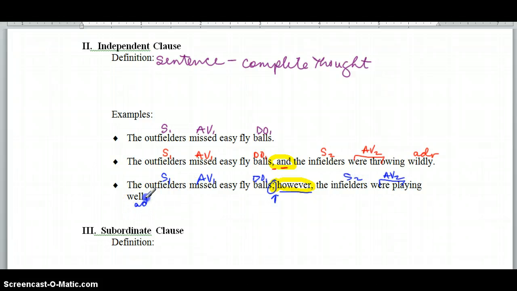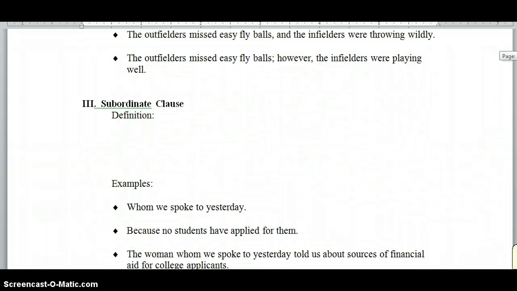And there's the adverb that goes with that second player. These conjunctions are subordinating conjunctions because they show a relationship between the two. They don't just join things. They're showing a relationship.